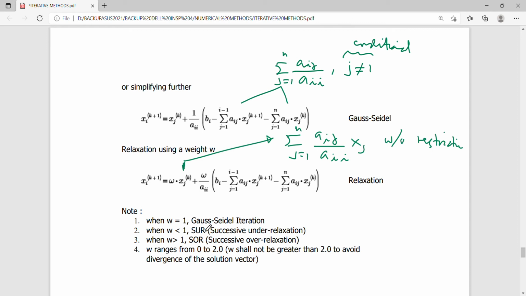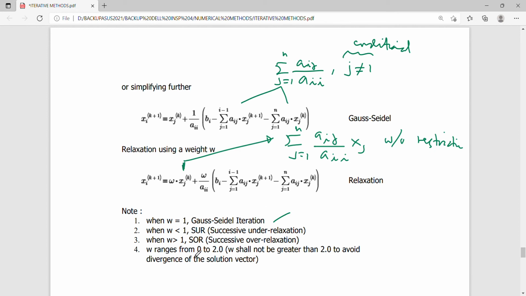So take note that when omega or w is equal to 1, this is a simple Gauss-Seidel iteration. When omega is less than 1, it is an under relaxation procedure. If omega is greater than 1, it is an over relaxation procedure. The word successive here simply states that we are doing it cycle by cycle.